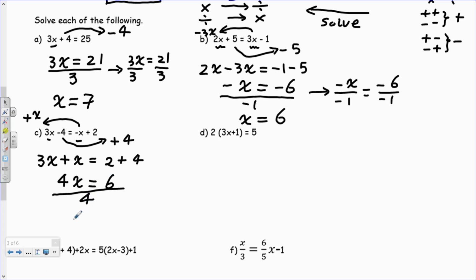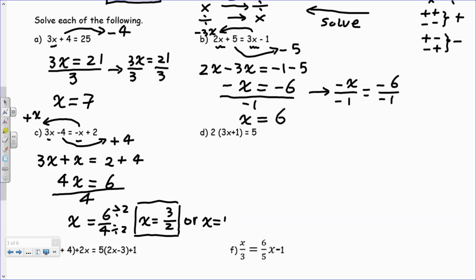So 4 divided by 4 gives you 1x. 6 divided by 4, if we do the lowest form, both can be divided by 2 because they are even numbers. Then you could have x equals 3/2. This is a simplified form, simplest form. Or you could just write it in decimal, x equals 1.5.